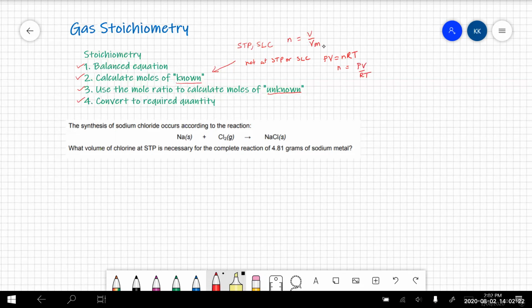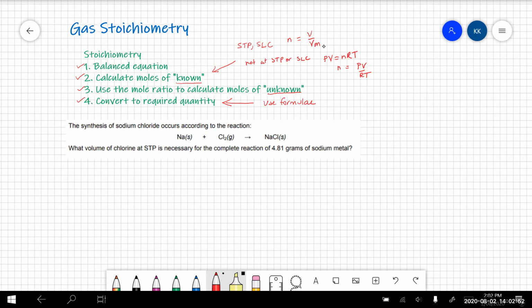So we do have some tools at our disposal now to be able to calculate moles when we're dealing with gases. Now sometimes your known will be a gas, and then you will use those formulae to calculate the number of moles. Sometimes your unknown will be the gas, and this is where you're going to use the formulae to convert between moles and other quantities of gas.